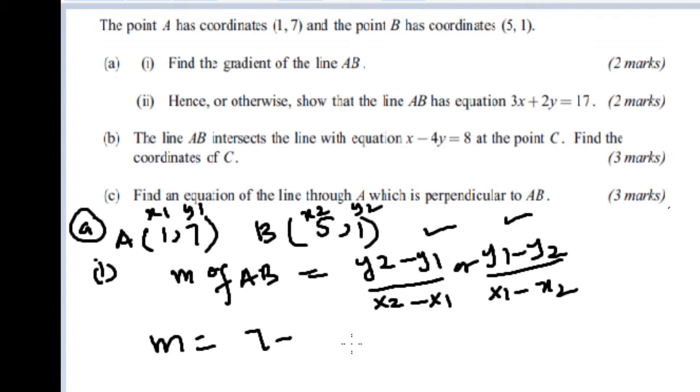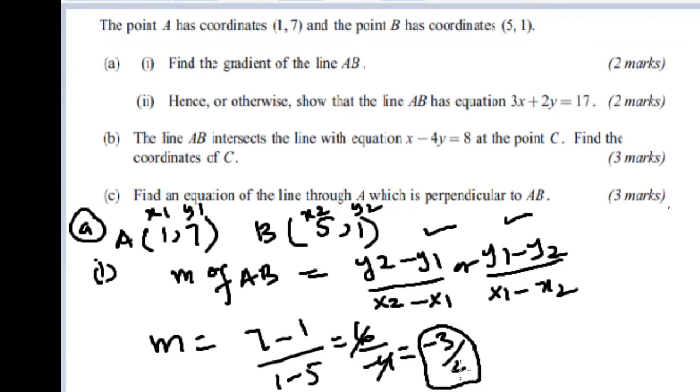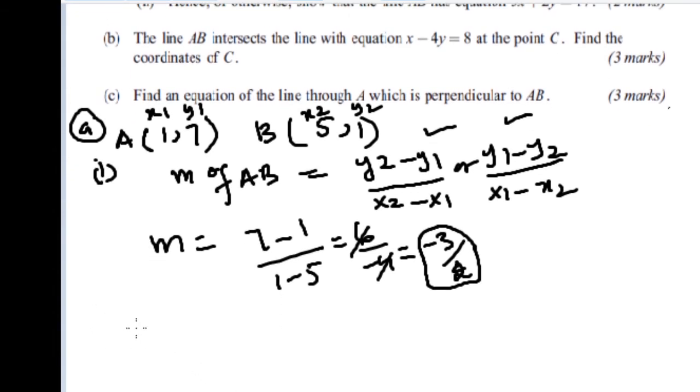I'm choosing y1 minus y2 over x1 minus x2. So 7 minus 1 divided by 1 minus 5. The result is 6 upon minus 4. Make it simple, so you get minus 3 over 2. That is the gradient of line AB. So M is minus 3 upon 2.